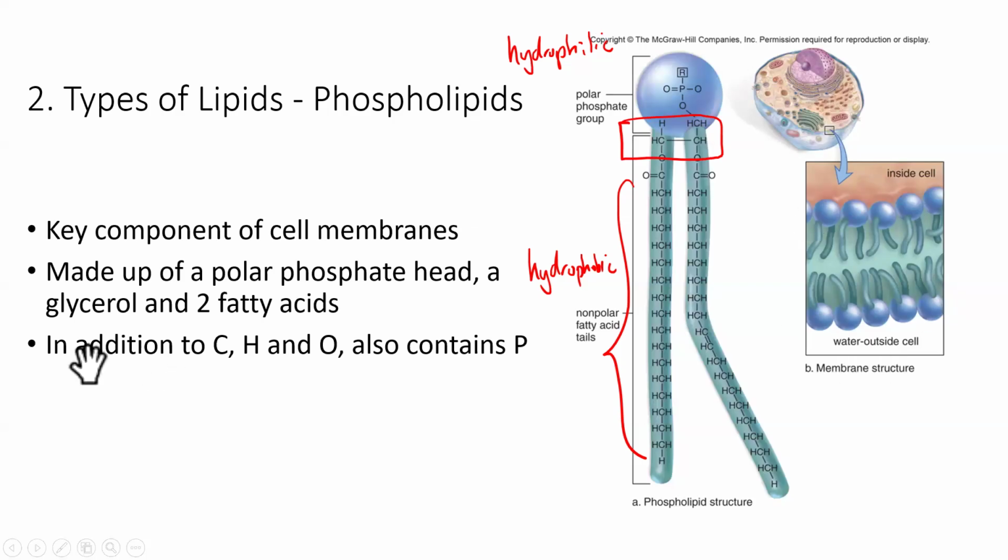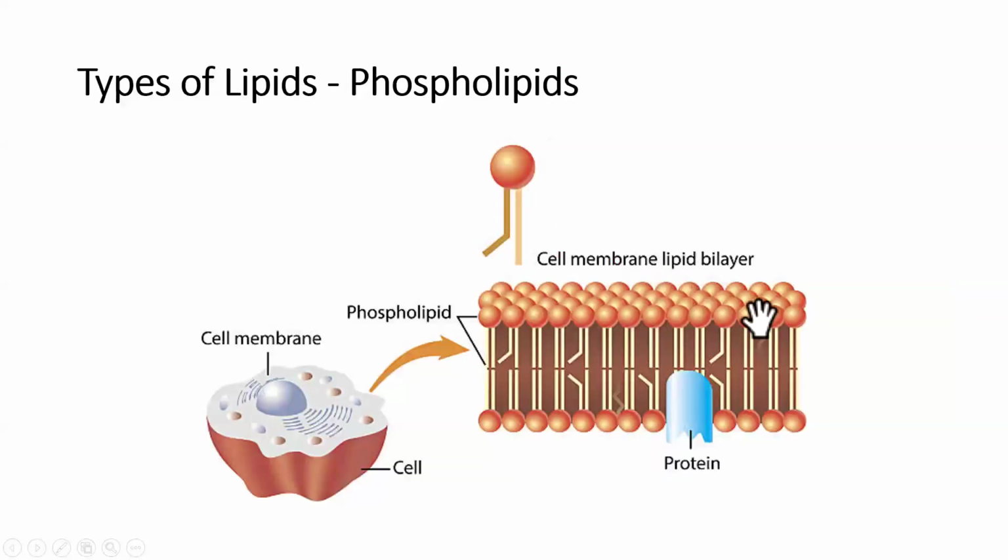So in addition to C, H, and O, there is also going to be phosphorus, which is part of the head. Okay, so that's what it looks like. You can see some of them are unsaturated, some of them are saturated. We will learn more about this later, in lecture 4. So don't worry about it for now.